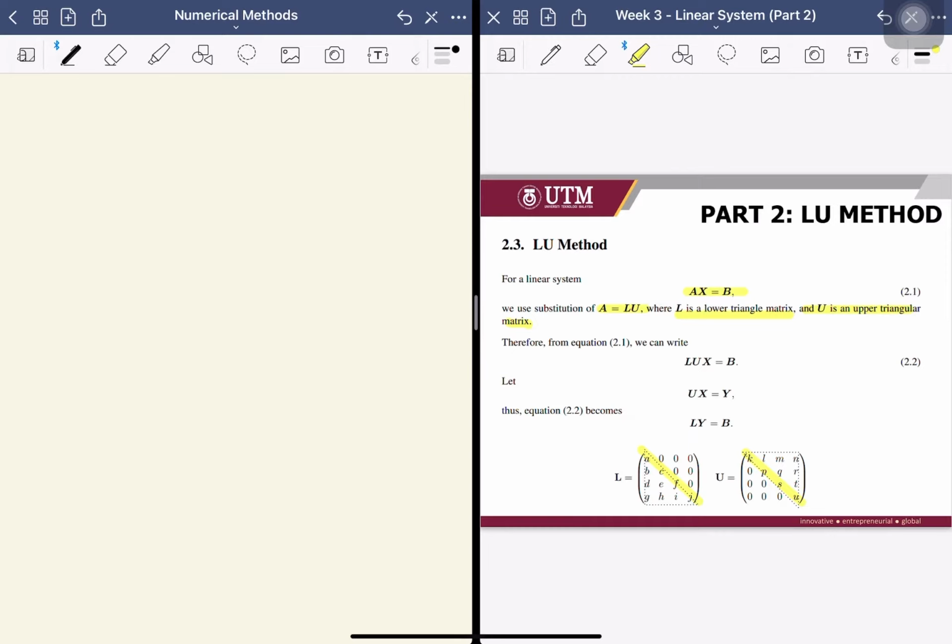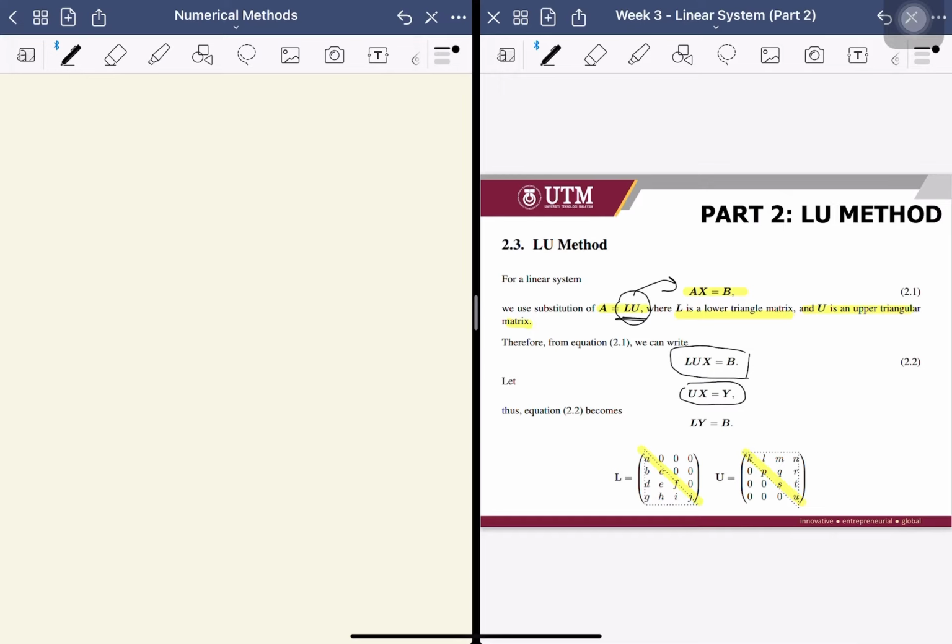Since we use the substitution A equal to LU, we will substitute it back into the first equation, which is the linear system that we transformed into matrix form. So we will get this form. After we substitute, we let Ux equal to y.